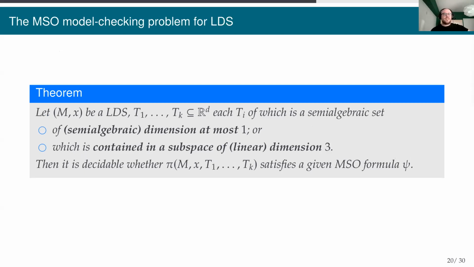If each of these targets has intrinsic dimension at most 1, or is contained in a subspace of dimension 3, then we can decide whether the characteristic word satisfies a given MSO formula psi. And that's the theorem. And then the hardness: if you relax the dimension to reachability of a target of dimension 2, this is again a hard problem, as hard as the Skolem problem.